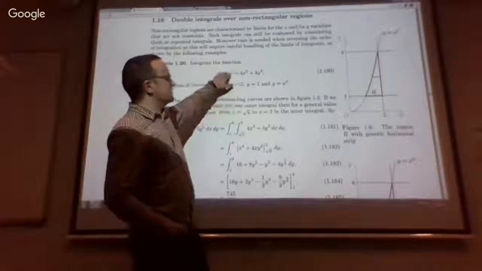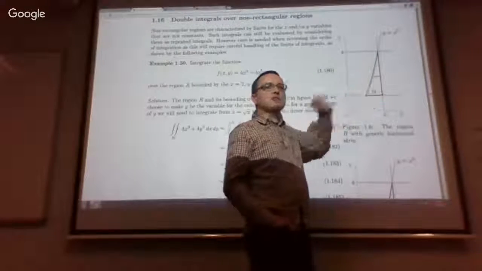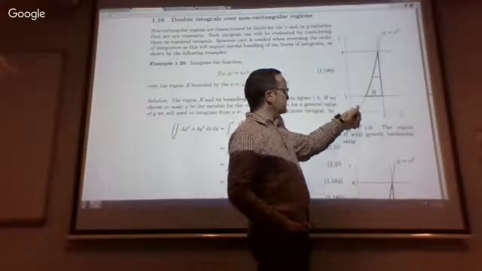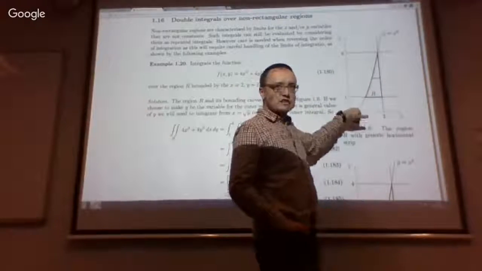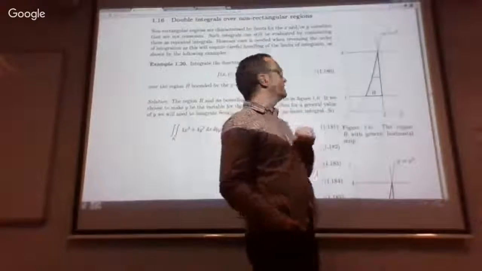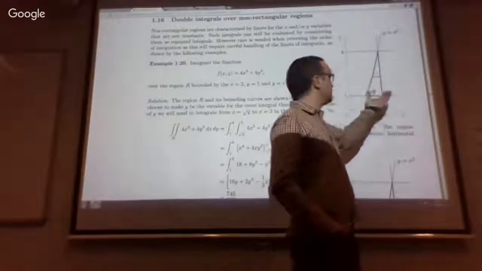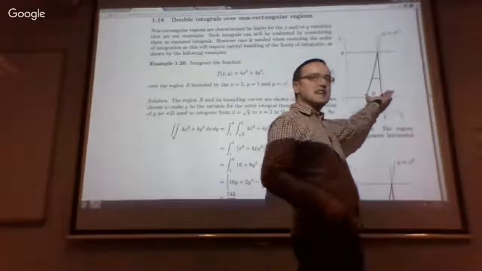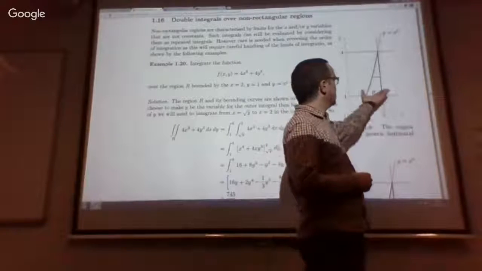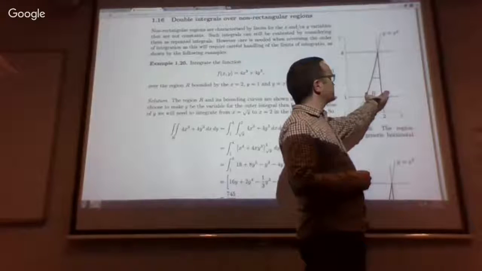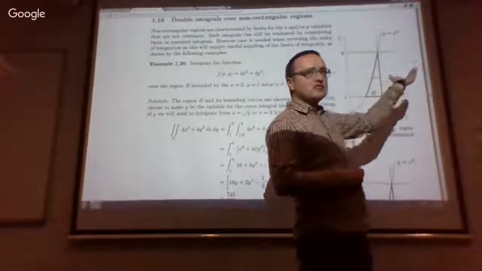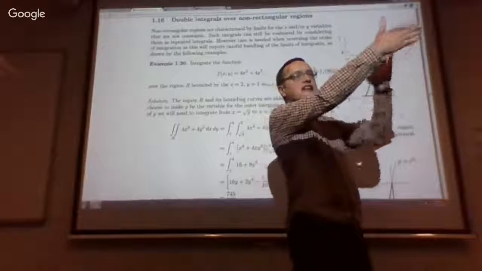And the double integral of this function over this region corresponded to, if the positive z direction is coming off the screen straight at you, the volume contained in the cylindrical region you get when you continue this region in the plane vertically out of the plane until it hits the surface.